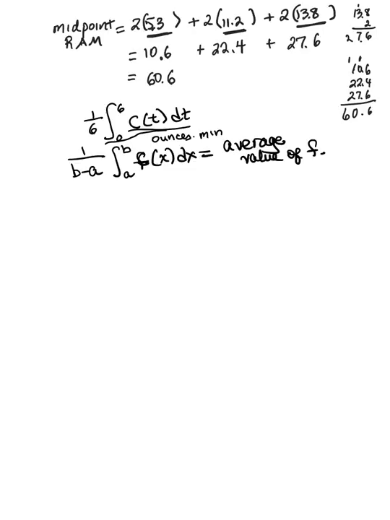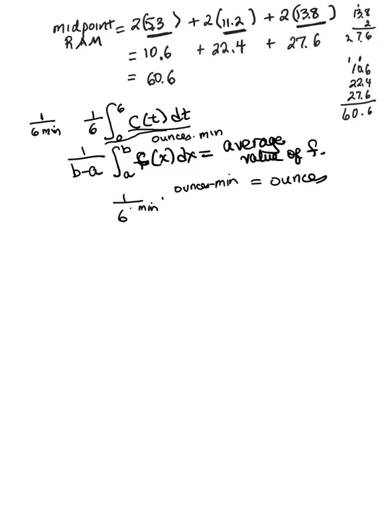However, 1 over 6 would represent 1 over 6 minutes, since the minutes are on the bottom. So if we multiply 1 over 6 minutes times ounces minutes, our answer is in ounces.